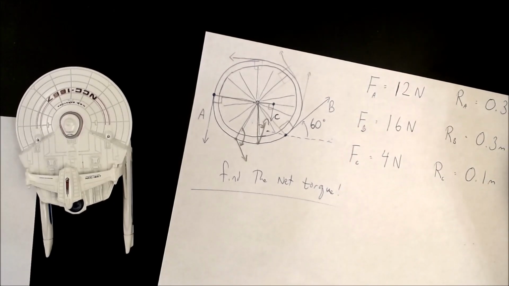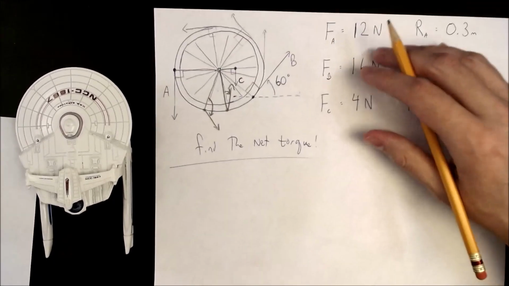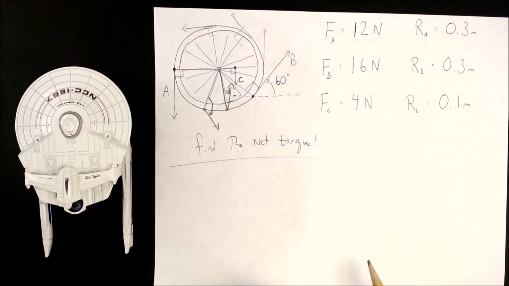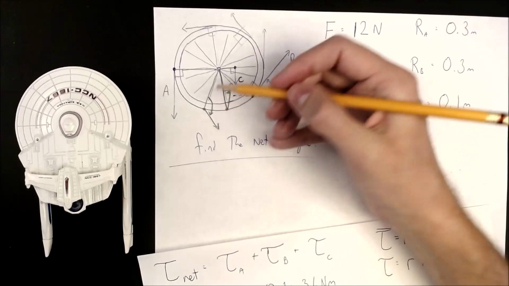Obviously, neither of those are 90 degrees. Most of the time, it's going to be 90 degrees going around circles like this, though. But do be careful for things like that.